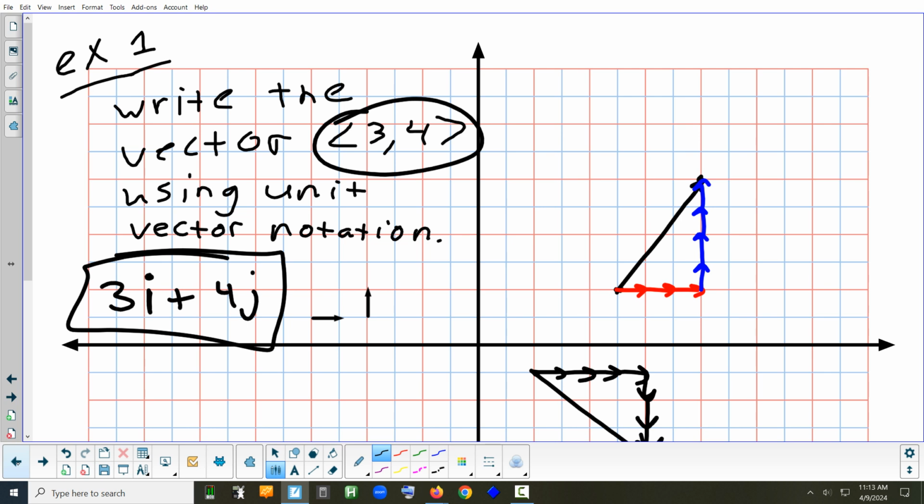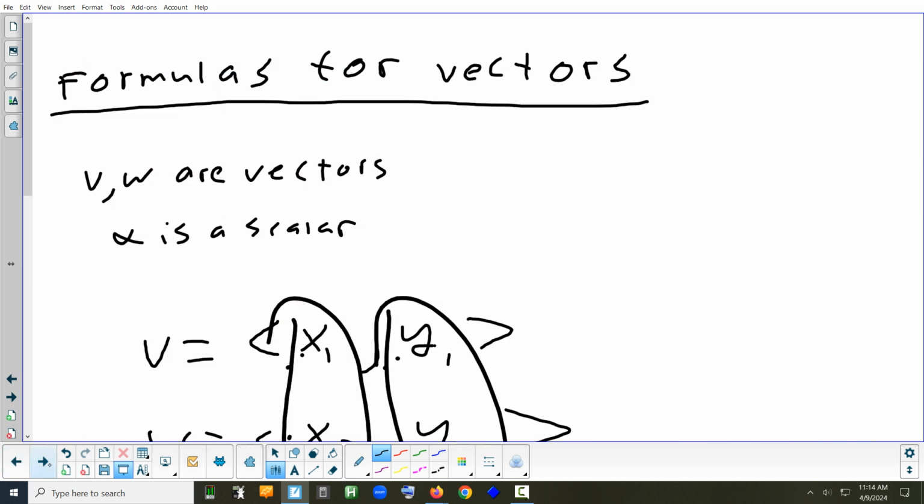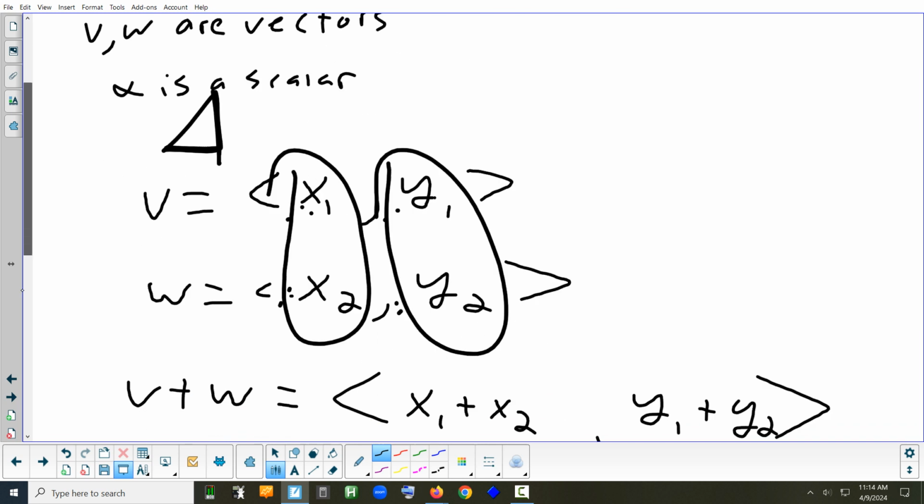But do you have an idea how you would find the magnitude of the black vector? Yeah, you just treat the vector as the hypotenuse in a triangle. You draw in your horizontal and your vertical components, which are your i's and j's, and then use the Pythagorean theorem to get the magnitude. So it's the horizontal component squared, vertical component squared, add them up and take the square root, and that'll give you the hypotenuse.